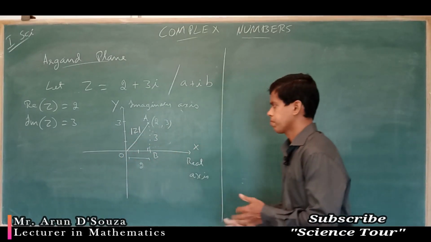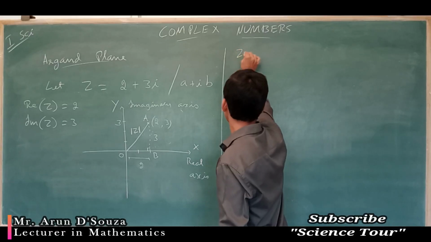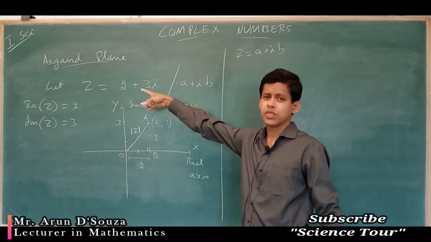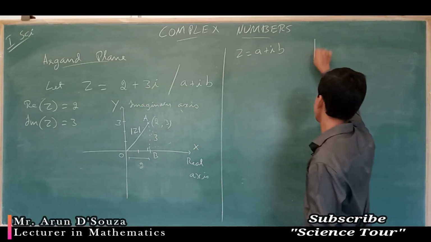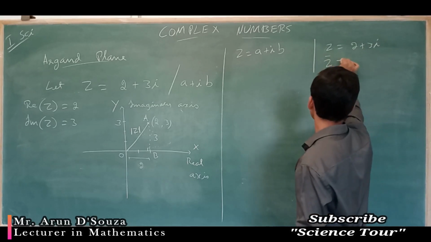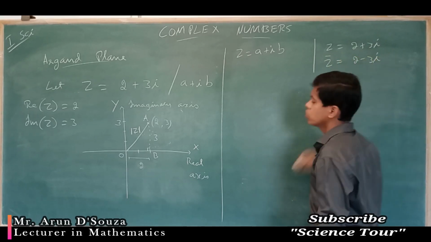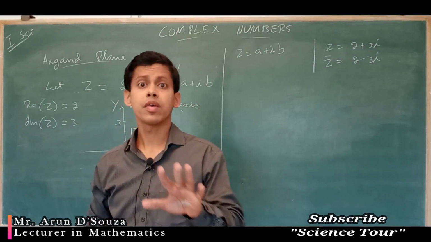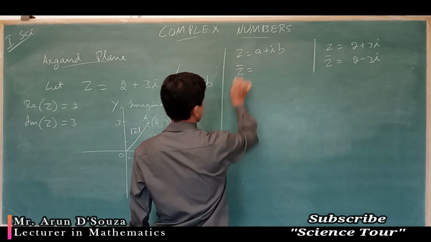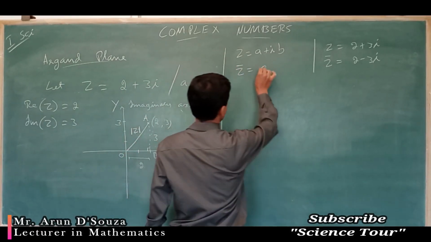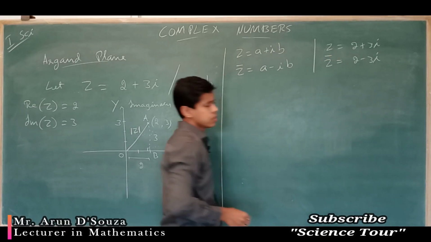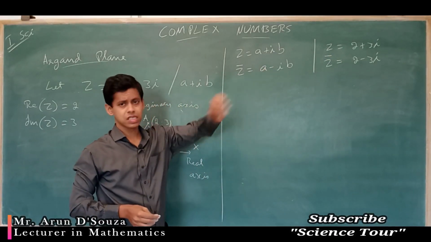So here, if z is equal to a plus ib, in this case we have taken 2 plus 3i. So what is the conjugate here? 2 minus 3i. The imaginary part's sign changes. Next, what is this z bar? This z bar is a minus ib. So now understand that this is 2 plus 3i.